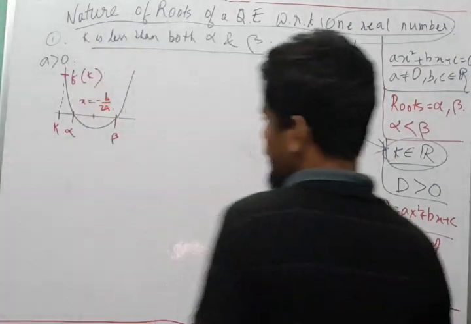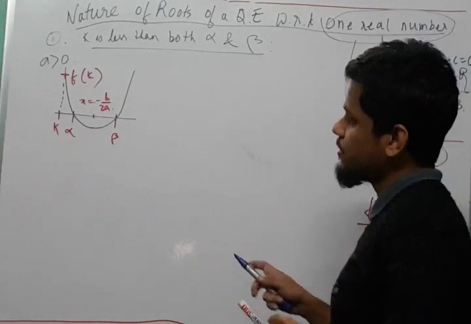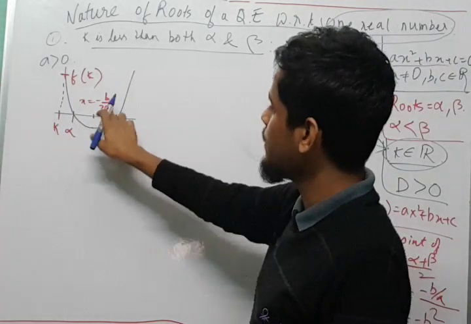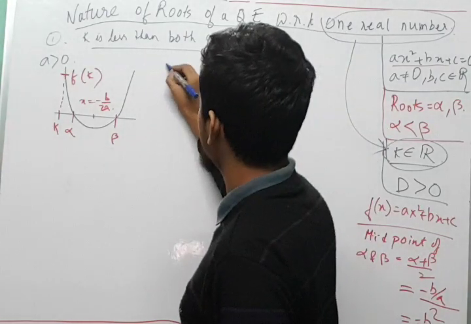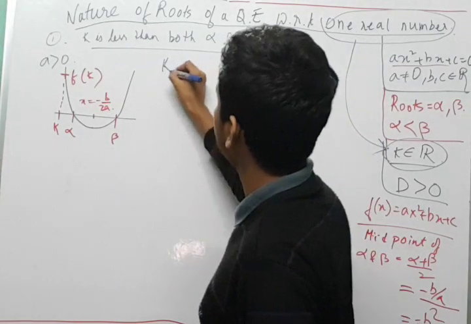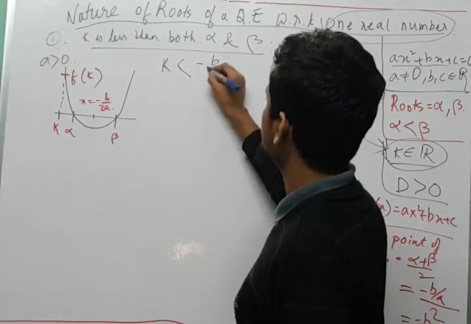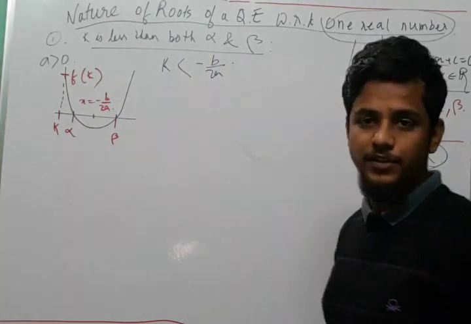As you can see over here, first we can see that k is less than minus b by twice a. This is the first condition.